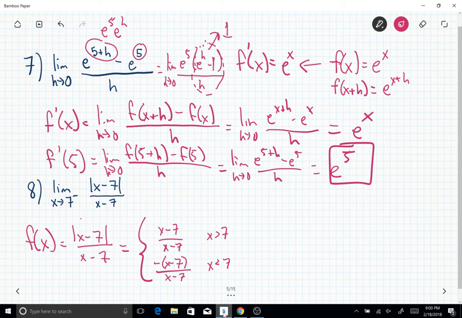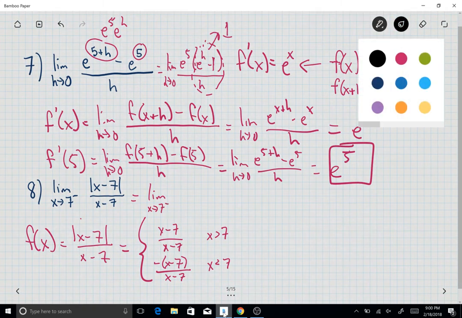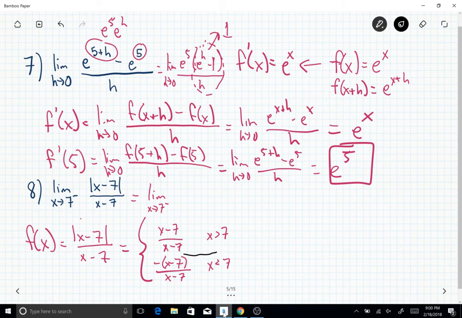Okay? So when we want the limit as x approaches 7 from the left, which one are we dealing with here? Well, it should be when we're less than. So there's if statements here too.